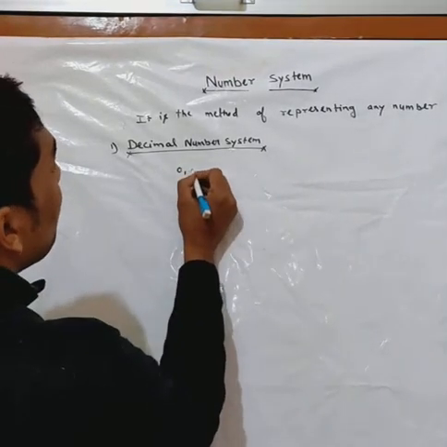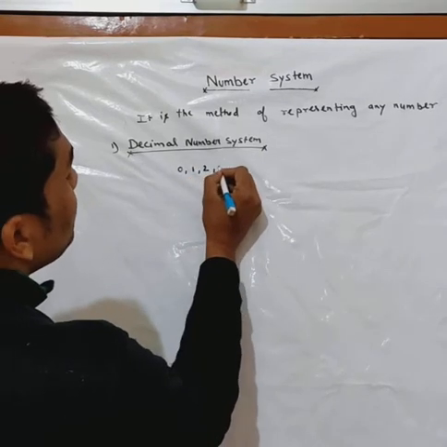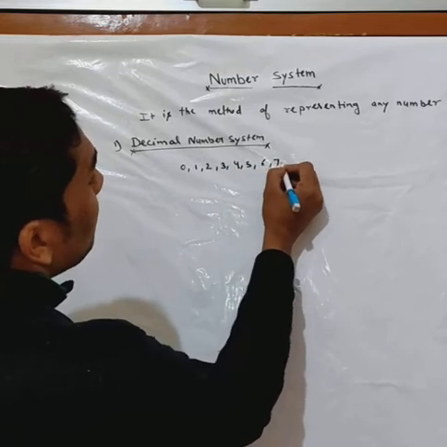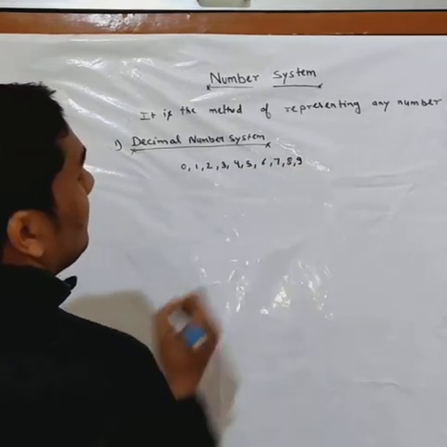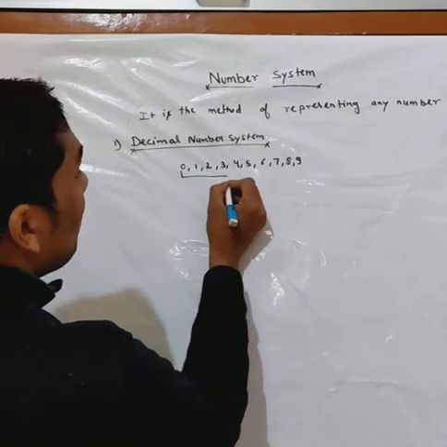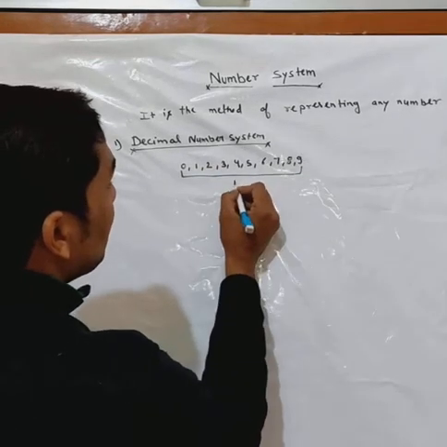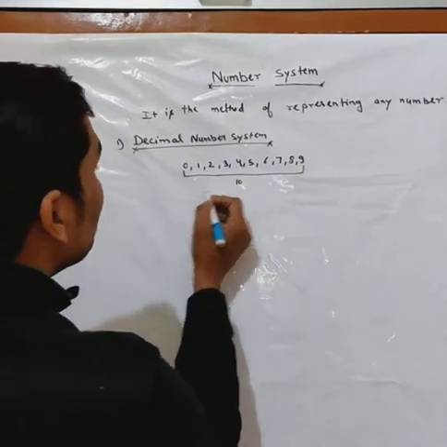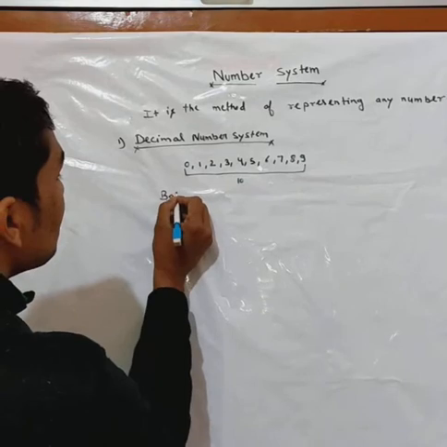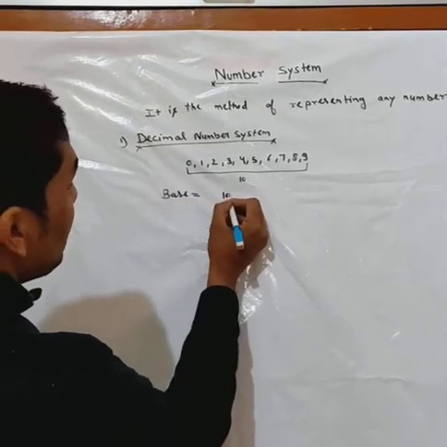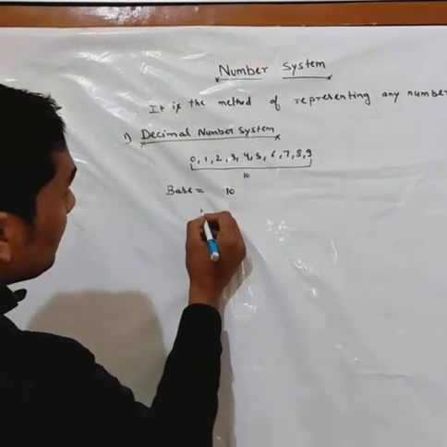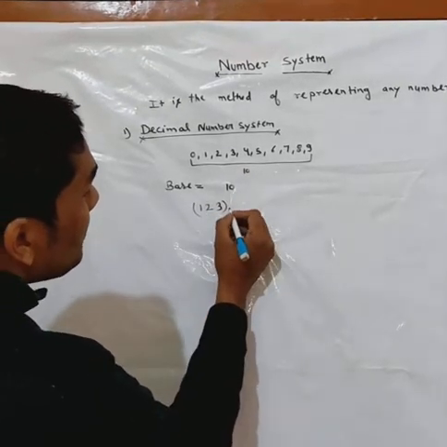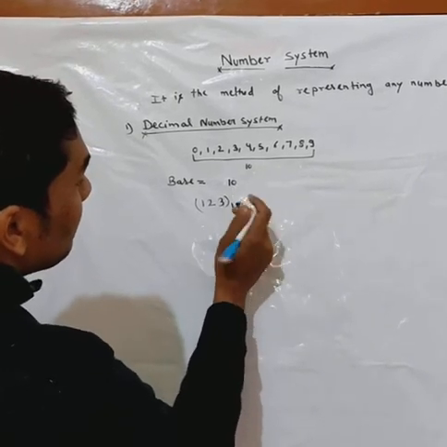So 0, 1, 2, 3, 4, 5, 6, 7, 8, 9. They are 10. These numbers are in quantity 10. So the base is 10. For example, if we write 1, 2, 3, out of the box, base will be written as 10.